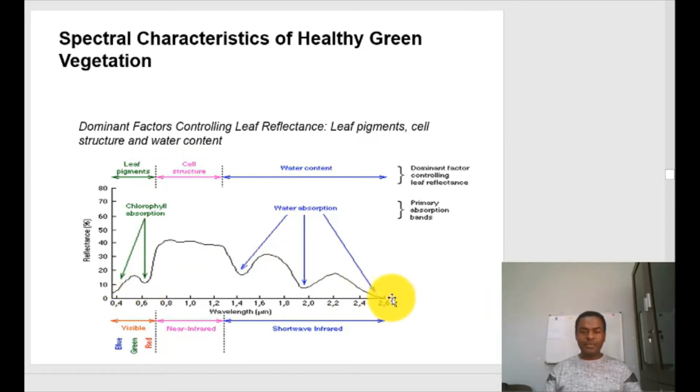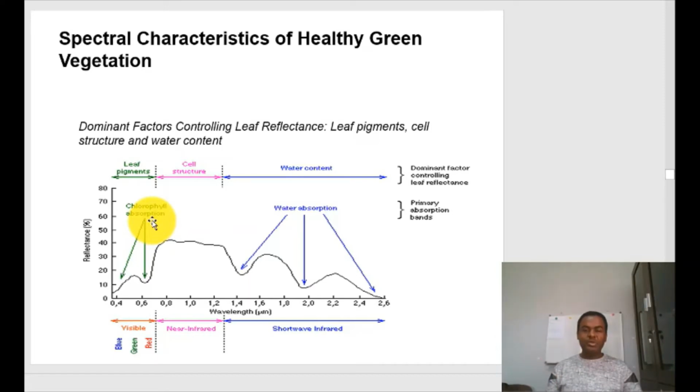Okay, what is spectral characteristics or spectral reflectance, or sometimes it's called spectral signature? So how do you remember the word signature? Your signature is like this. It is very important to identify you from somebody else.